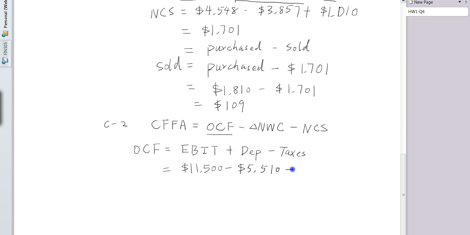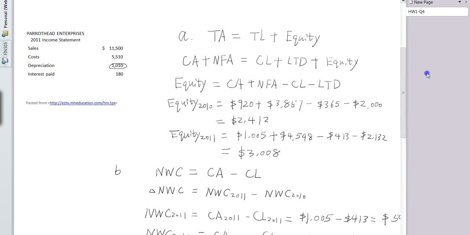And then, as we said, the difference between sales and cost basically is this part, EBIT plus depreciation. So then I need to subtract taxes.